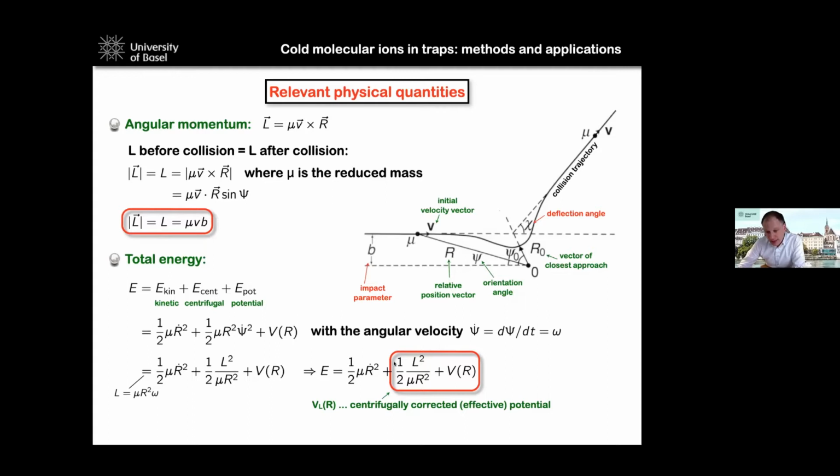So for the total energy, we arrive at this result then. We have the kinetic energy, we have the potential energy, we have the centrifugal energy. And those last two terms are usually lumped together into a new effective potential, a centrifugally corrected potential, right? Because the centrifugal energy disappears essentially as a contribution to the potential part of the problem.